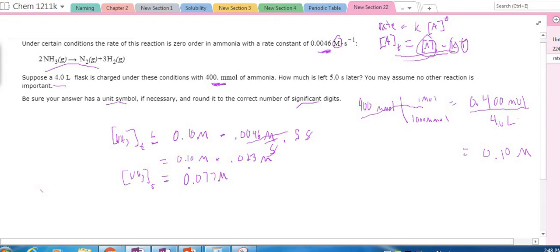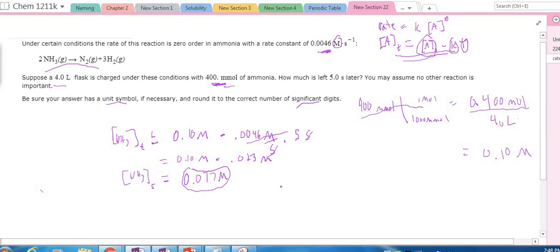You can see that it's gone down. But what we want is to get that back into units of either millimoles or moles when we put this back into Alex.